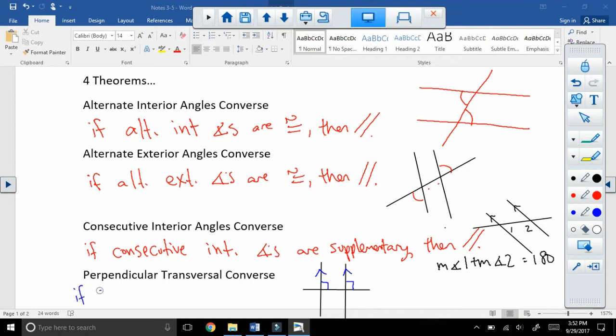So I'll write, if two lines are perpendicular to the same line, then they are parallel. So we've gone over 5 different ways to show lines are parallel to each other. Let's do some examples of these so you can see how they're going to look when you're doing the homework.